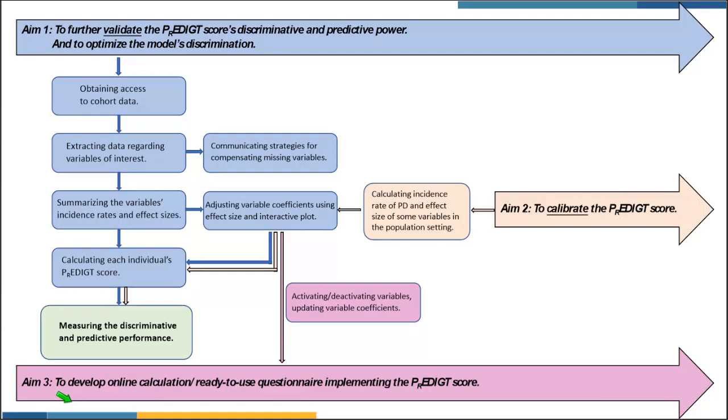It can also be used as an at-home questionnaire, like an online tool. I don't know if you know about Fox Insight research. It's a platform where you can register, answer a list of questions, and have your risk calculated. It's also a kind of application and implementation we are looking at.